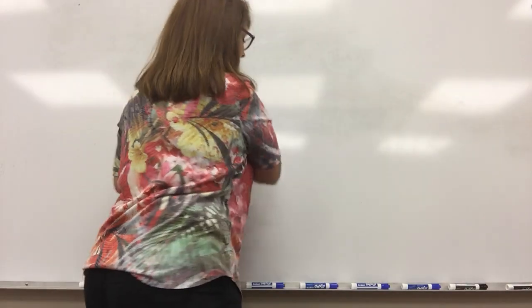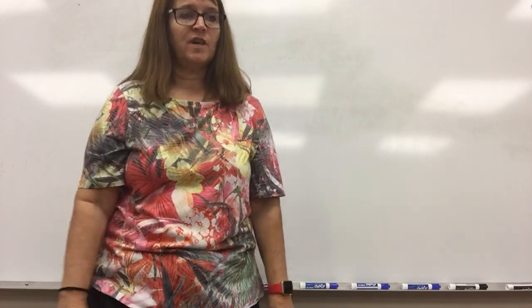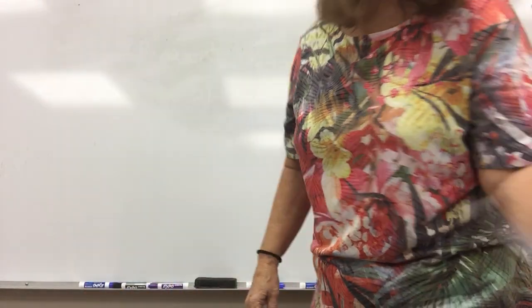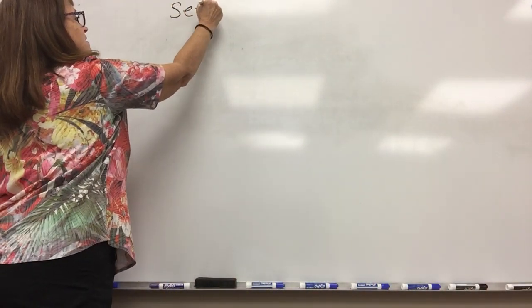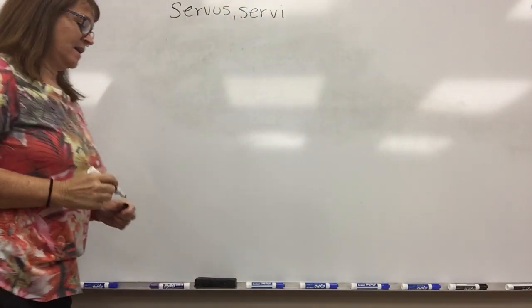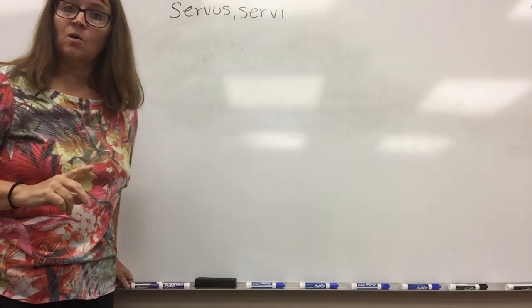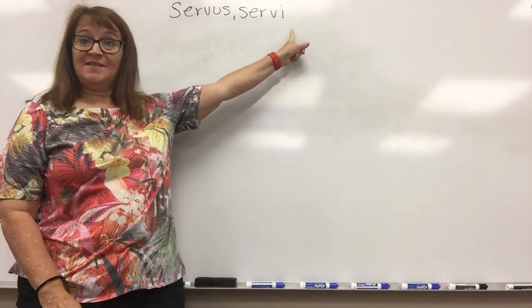And now today we are going on to the second declension. Okay, so our model noun for the second declension is servus, servi. Now remember, we know the declension a noun belongs to by its genitive singular.